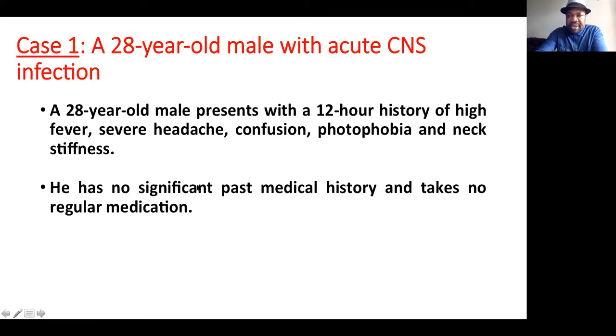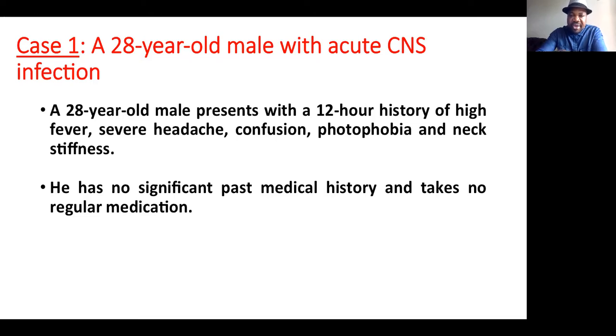But the key here is that all this only occurred over 12 hours. So this patient has only a 12-hour history of these symptoms. Those are classic signs of meningitis, and because of just a few hours' history of the occurrence of these signs, it already points you toward an acute meningitis.